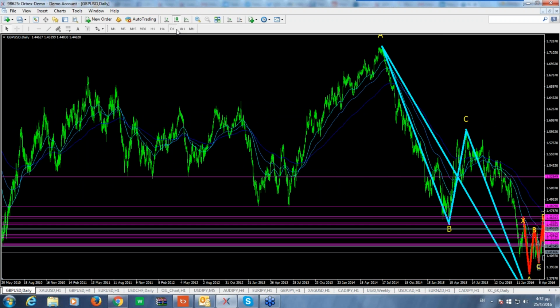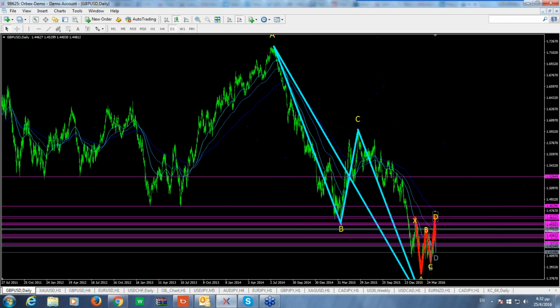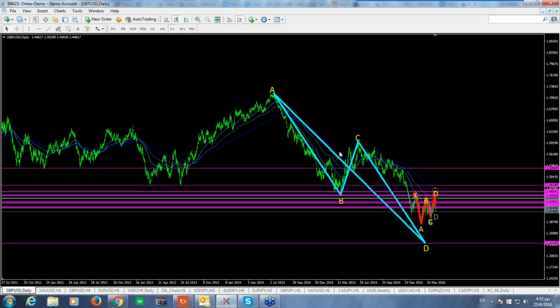With that long term scenario, we're looking at the possibility of a BCD pattern to the downside, and that W-like pattern you see is strengthening the idea of a downside. But at this stage, from the shorter term until the 4-hour chart, we're looking at the possibility of an upward move as a correction. But overall, for traders on the long term, you're looking at more downside as well.